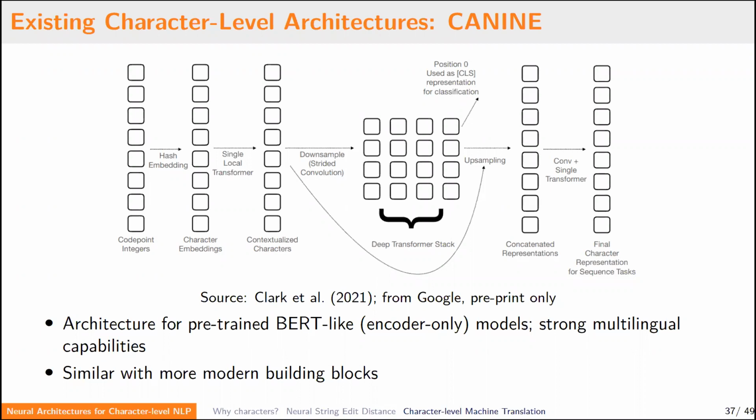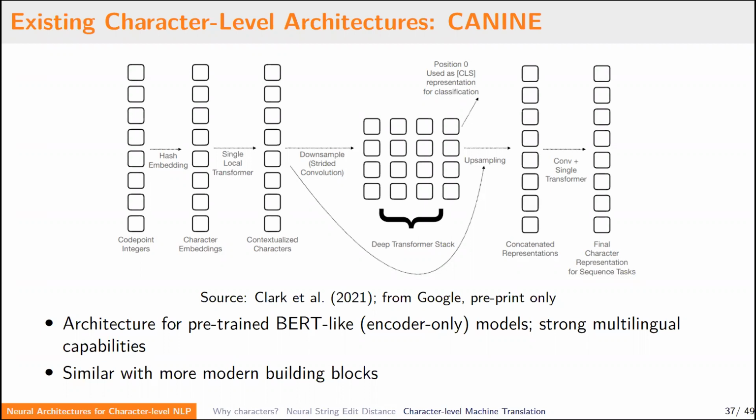They start with character embeddings, which they get from some hashing. Then they have something that they call a local transformer. The usual transformer compares all the input states with each other, which means that there is a quadratic number of operations. But here it's done locally, for a window of characters.